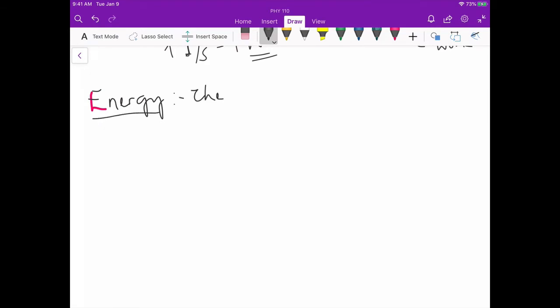It's a very simple definition, probably from back in your elementary science, the ability to do work. But probably somebody never mentioned this work back then.